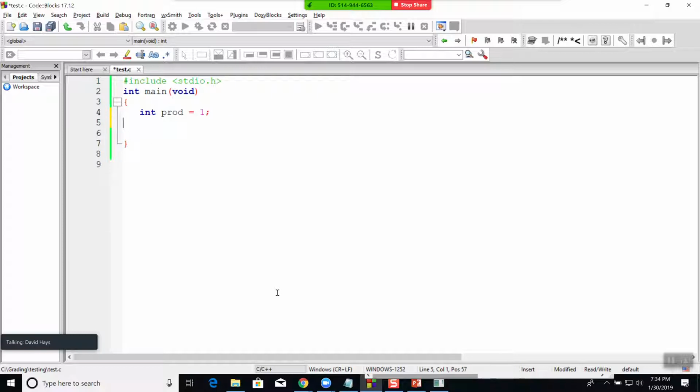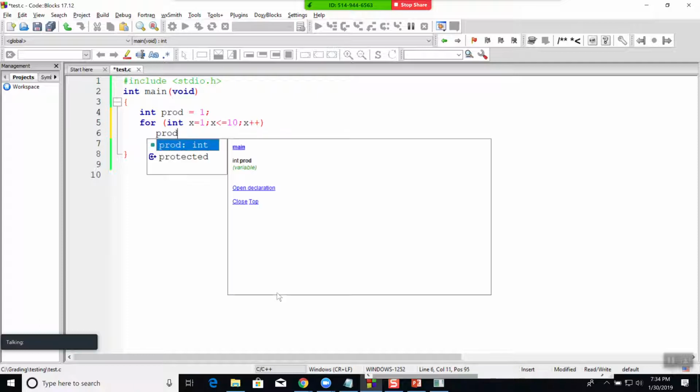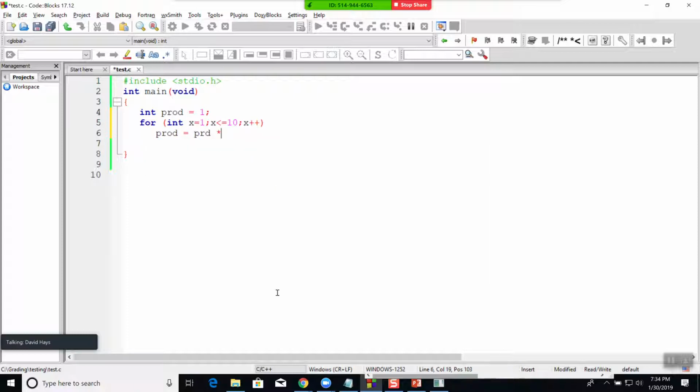Okay, I set product equal to 1. For int x equals 1, continue while x is less than or equal to 10, and x plus plus. Product is equal to product times x.